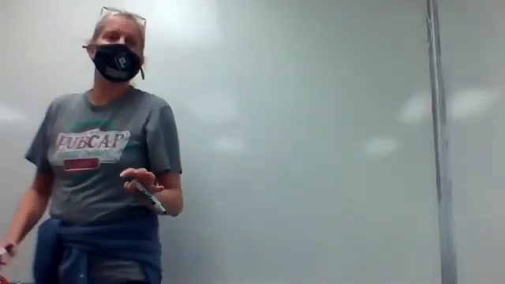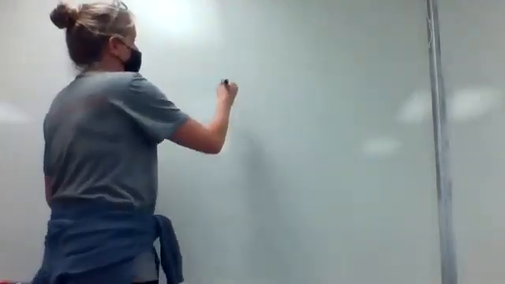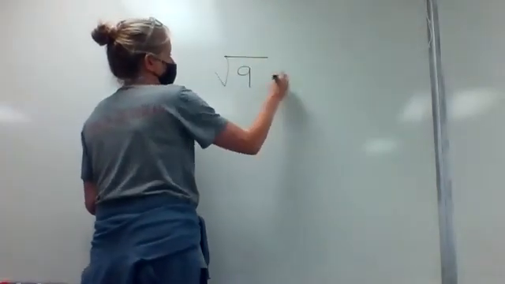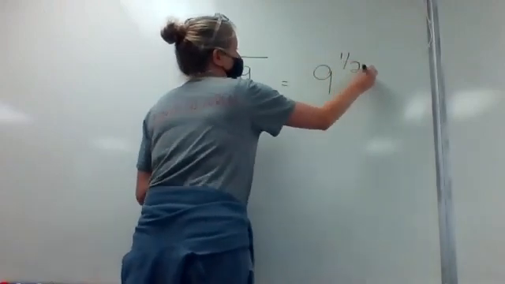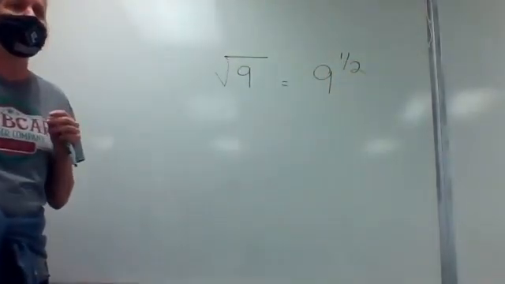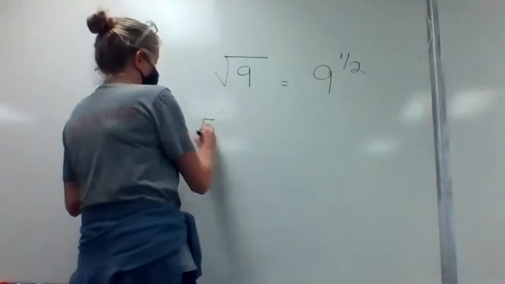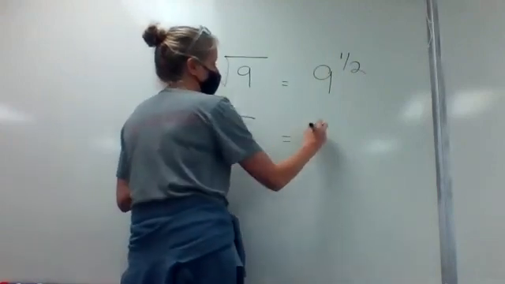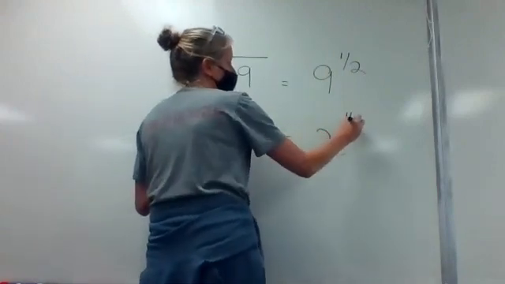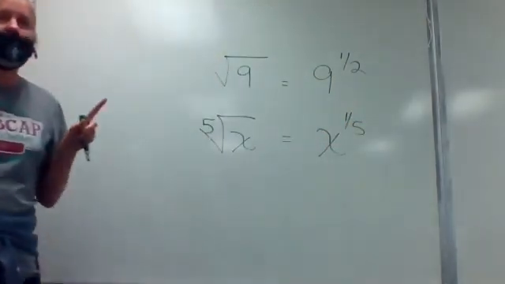All right, same thing on number 4. Before we do number 4, though, remember when we talked about this last class period, the way that radicals can be rewritten as terms that have exponents that are fractions? Remember we talked about the square root of 9 is going to be the same thing as 9 to the 1/2 power, or the 5th root of x is going to be the same thing as x to the 1/5 power.